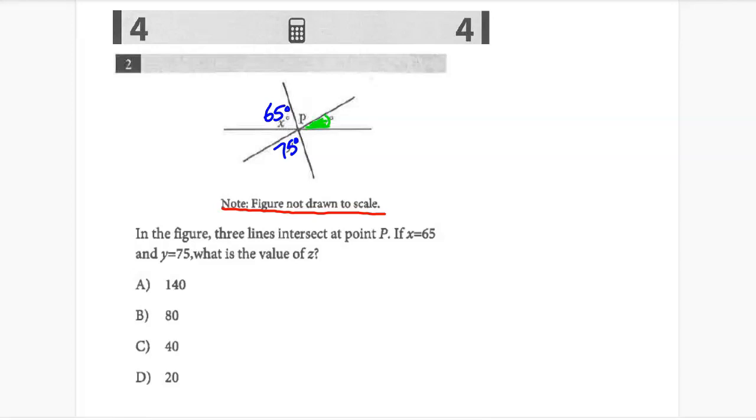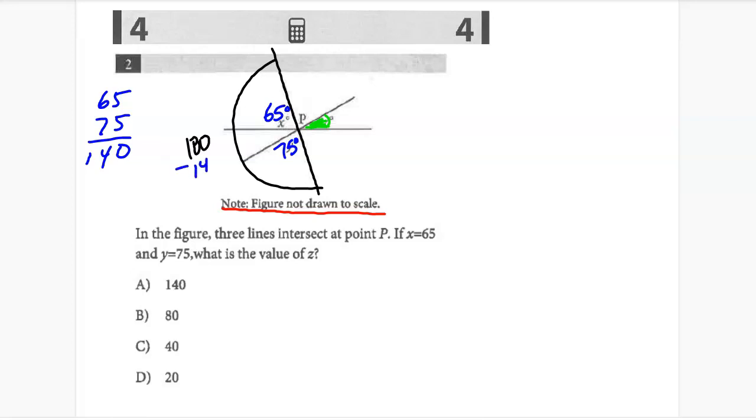Well, one fact from geometry you need to know is that the angles that form a straight line are 180. So right here, this half a circle needs to be 180. So far, we have 65 and 75, which is 140. So when you subtract that from the 180 that we need, it looks like we're 40 short.